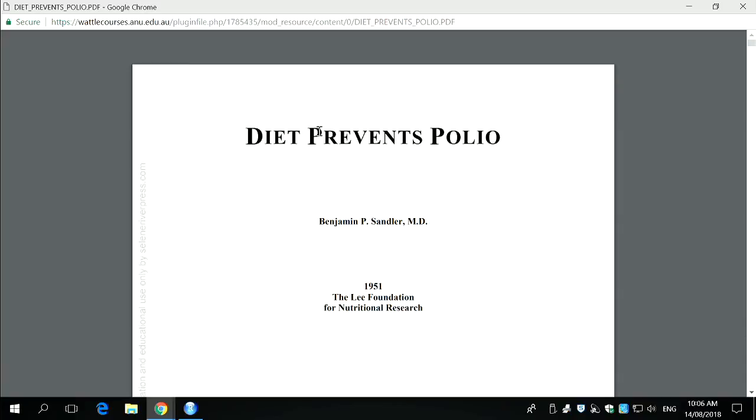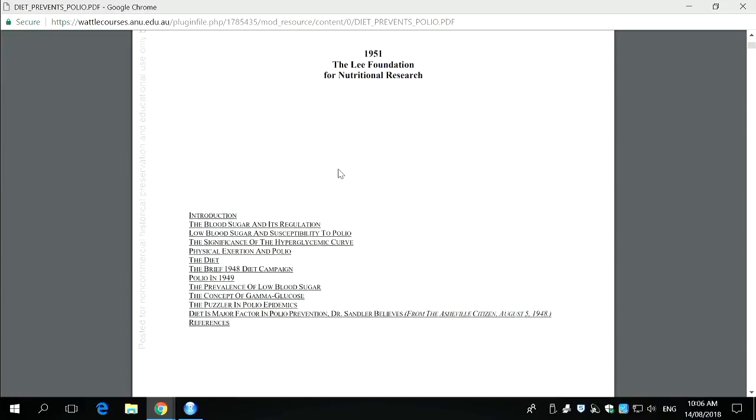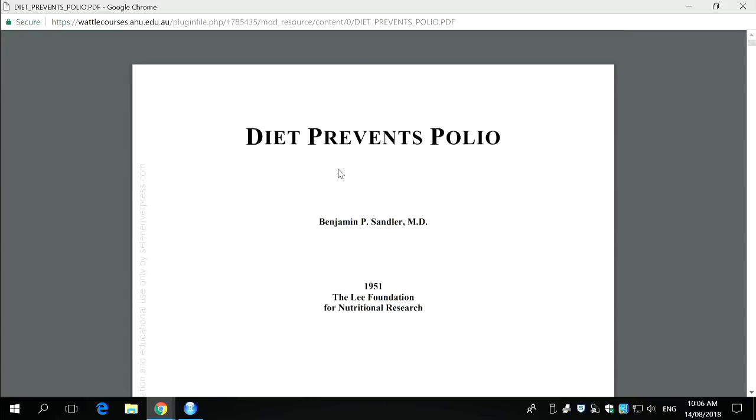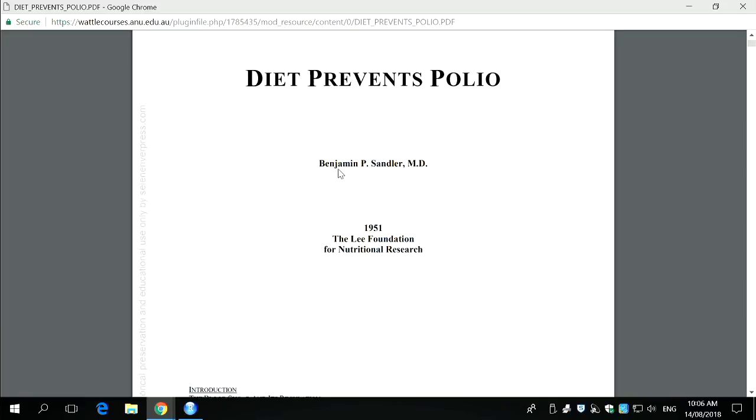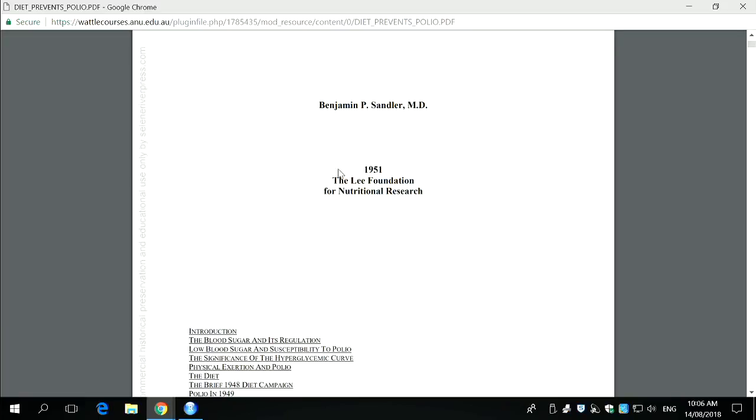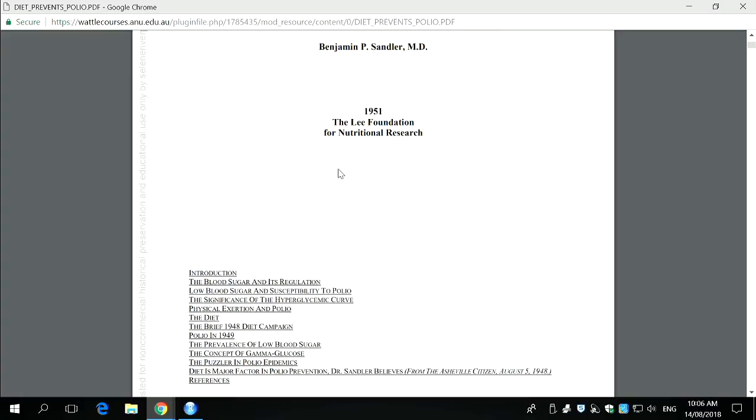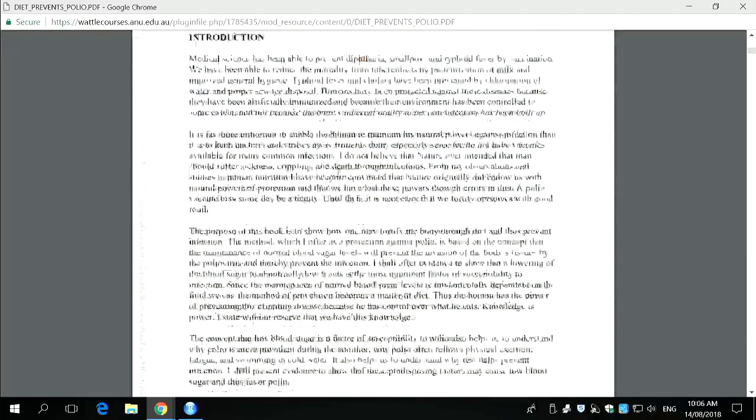This document was the basis of policy that was presented to the state legislature in North Carolina in the United States. On the basis of this document, they came pretty close to banning sugary products, in particular soda, soft drinks.